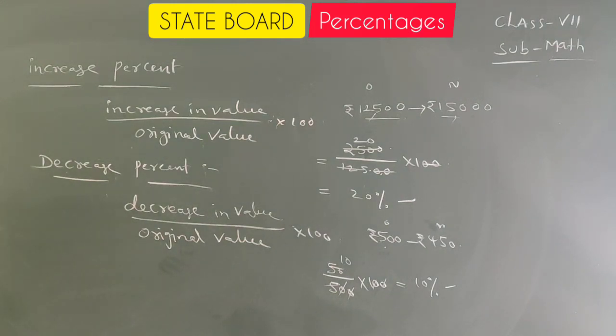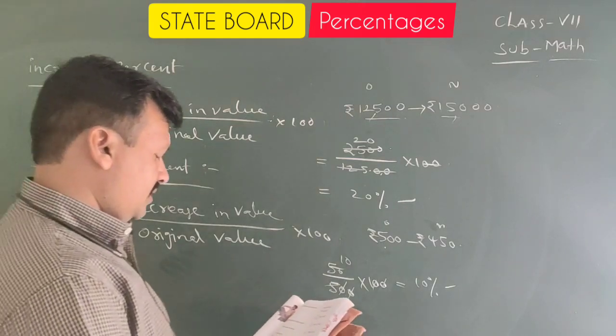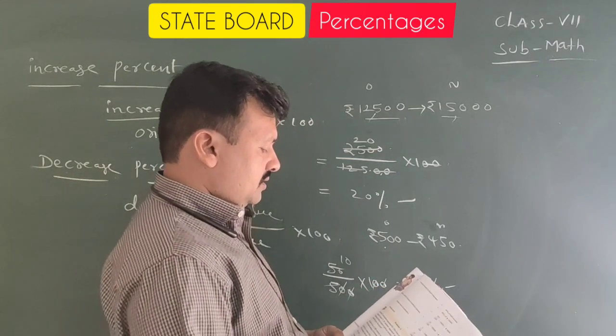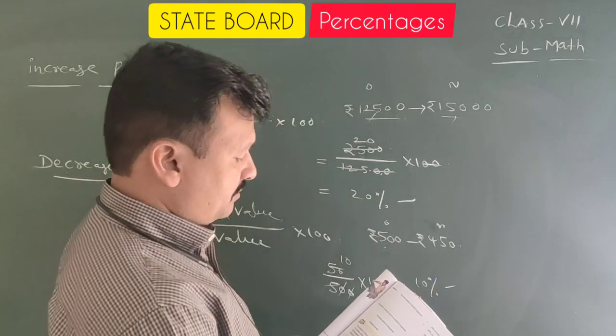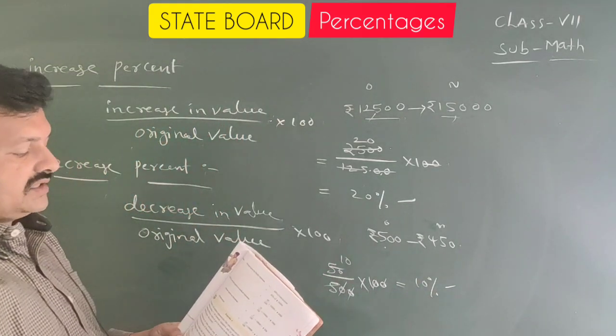Now from the textbook point of view: in a school X, 48 students appeared for the 10th class examination and 36 passed.